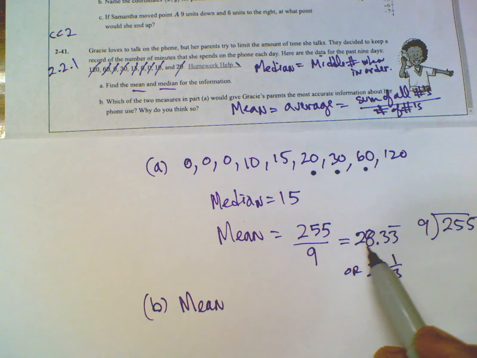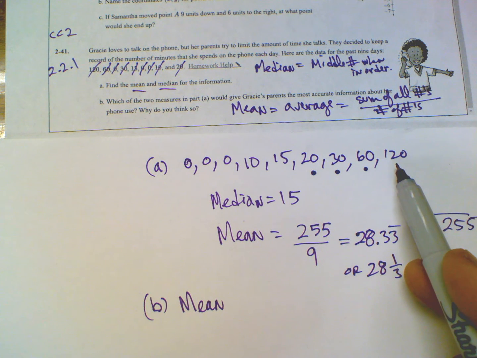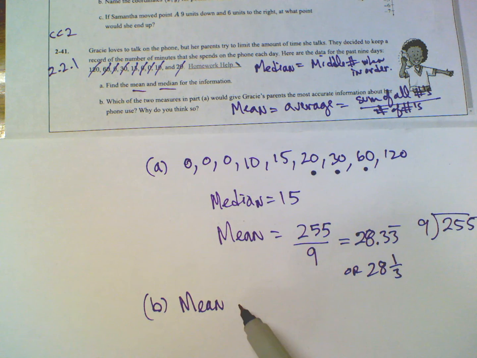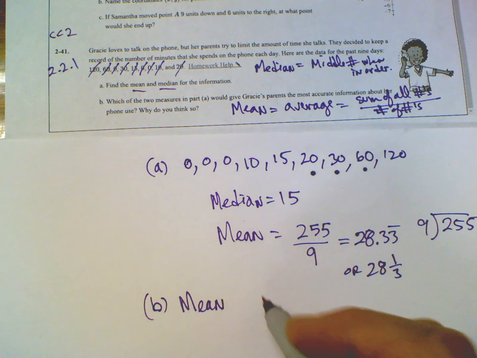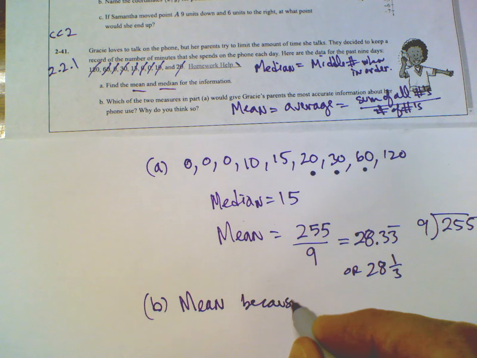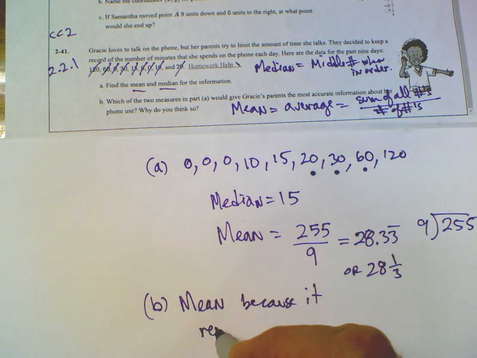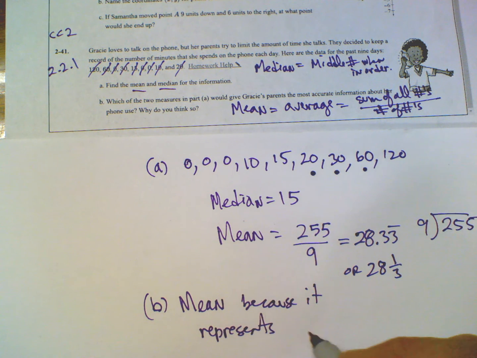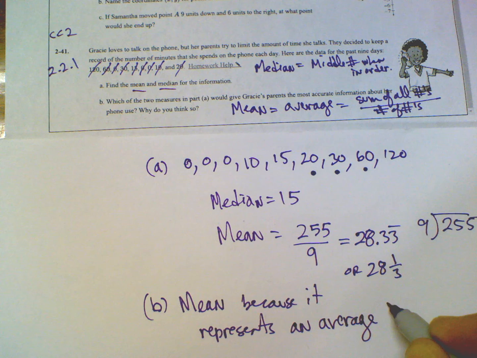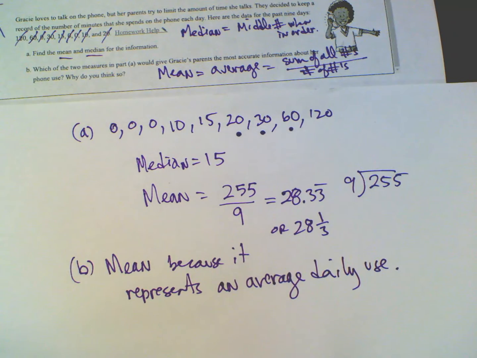We'd expect her to use the phone about 28 and 1/3 minutes a day. I know some of the days were 0, but we had a big day here of 120. So when you think about it, the mean gives us the best answer because it represents an average daily use. All right. There you go.